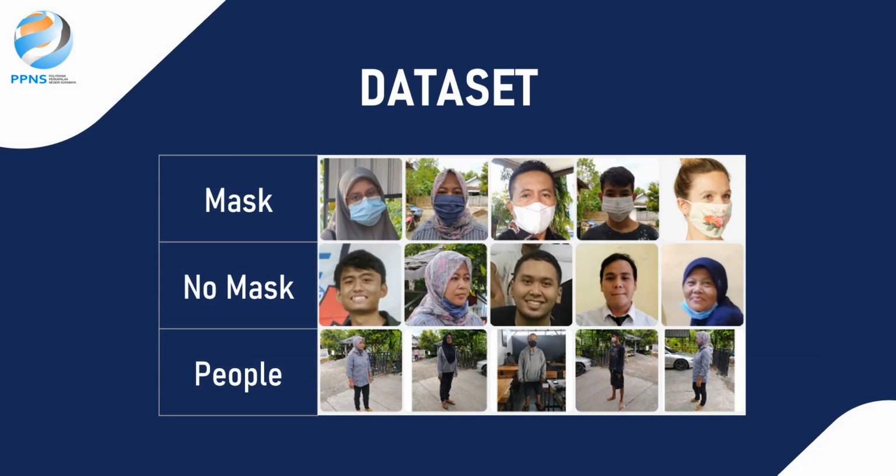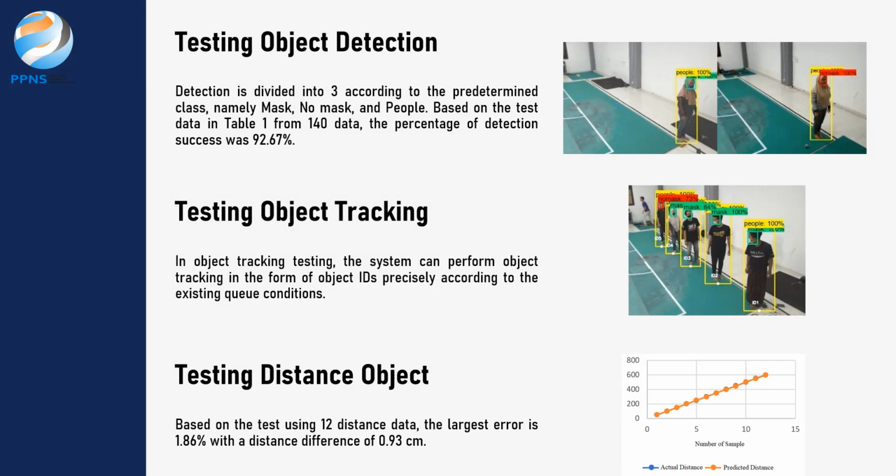For the Faster RCNN dataset, we prepare the data with three classes. The first is mask, the second is people with no mask, and the third is people. For the result of testing object detection, the detection is divided into three according to the predetermined classes, namely mask, no mask, and people.